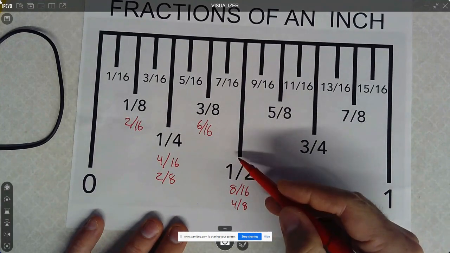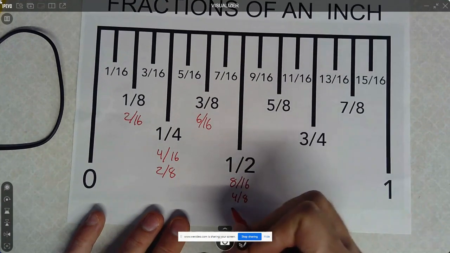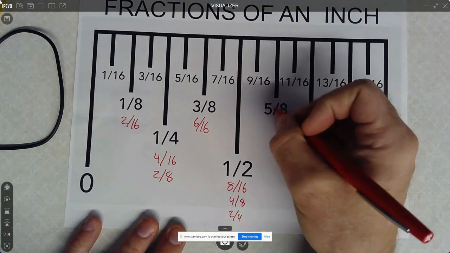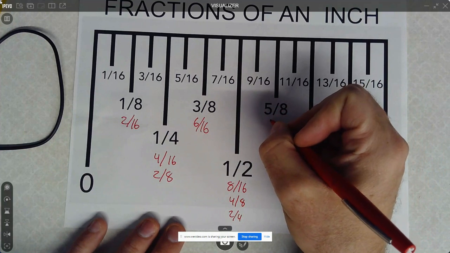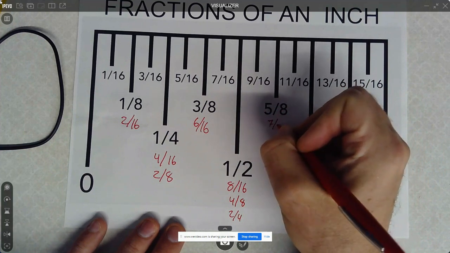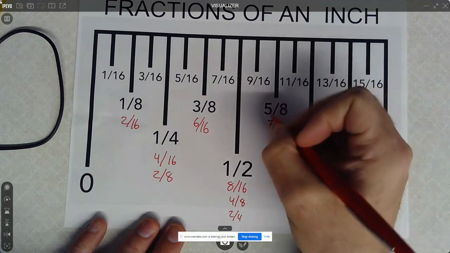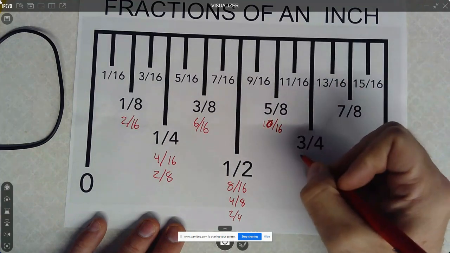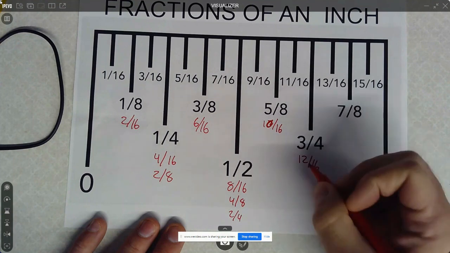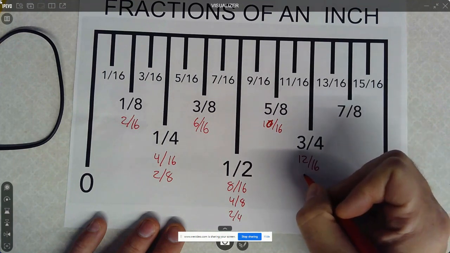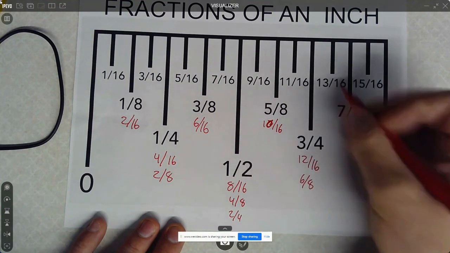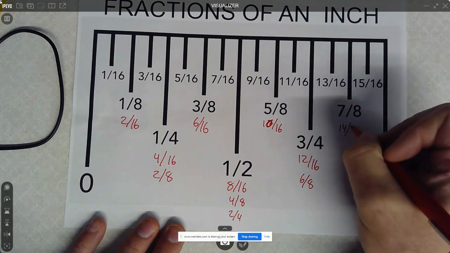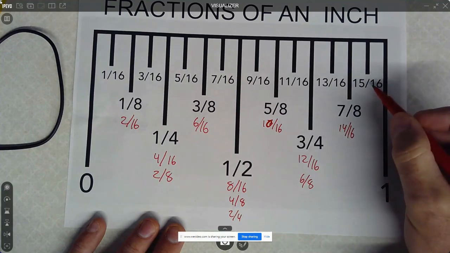which all reduce to 2/4 also, which reduces to 1/2, 9/16, 10/16, 11/16, 12/16, which would reduce to 6/8, which reduces to 3/4, 13/16, and then 14/16, which reduces to 7/8, 15/16.